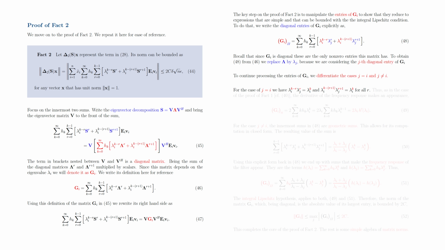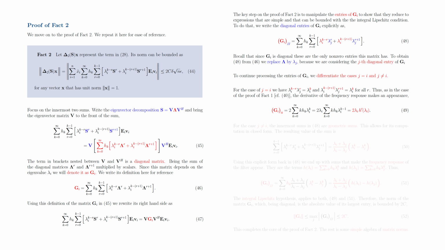Thus, the product lambda_i to the k minus r times lambda_j to the r is just lambda_i to the power of k. Likewise, the product lambda_i to the k minus r plus 1 times lambda_j to the r plus 1 reduces to lambda_i to the power of k, because indexes i and j are the same here. Both of these facts hold true for all r.